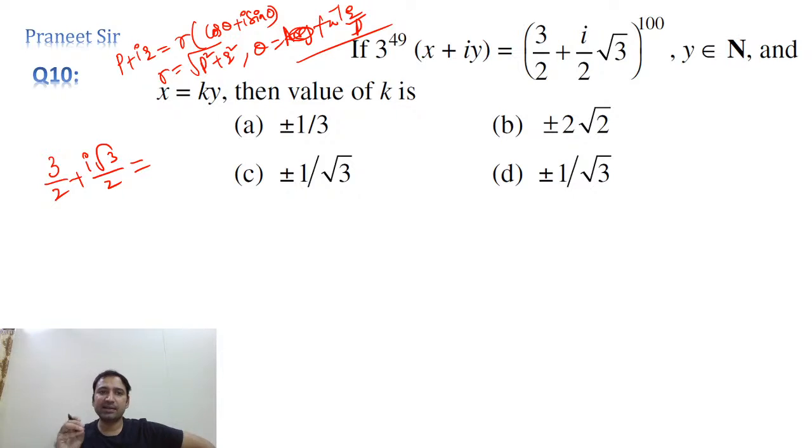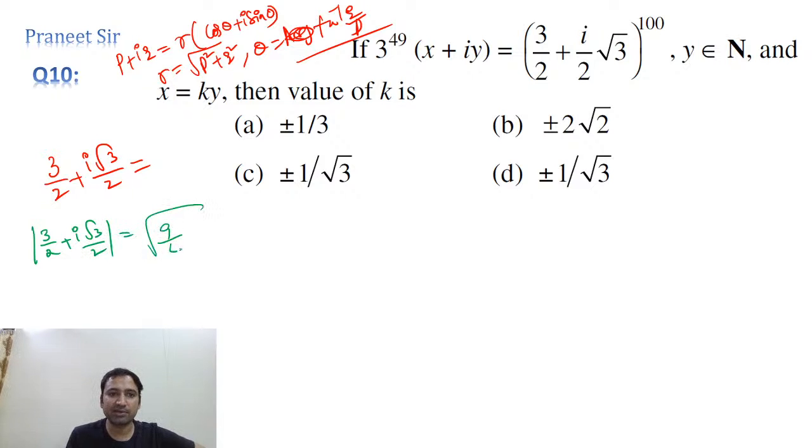Now, can we calculate this into polar form? First, let's calculate the magnitude. The modulus of (3/2) + i(√3/2) is the square root of 9/4 + 3/4, which is equal to root 3. R value we calculated.